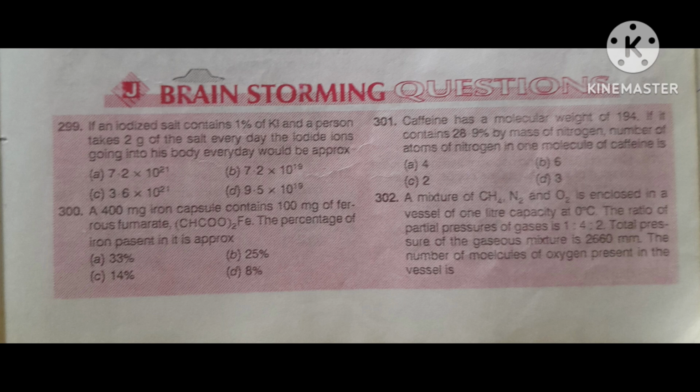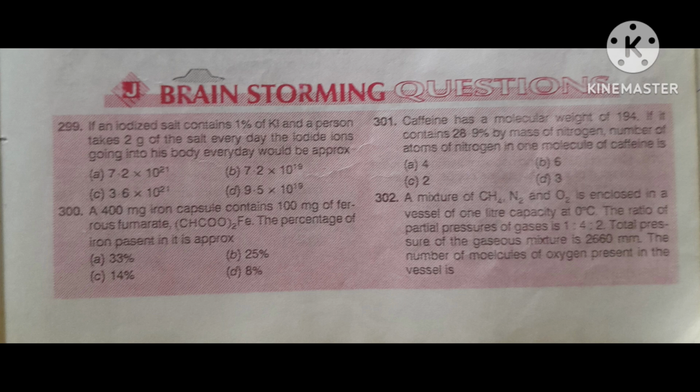Now I am giving you the hint. First you calculate the molecular weight of (CHCOO)₂Fe, the ferrous fumarate molecular mass. C is equal to 12, H is equal to 1, oxygen is equal to 16, iron is equal to 56.